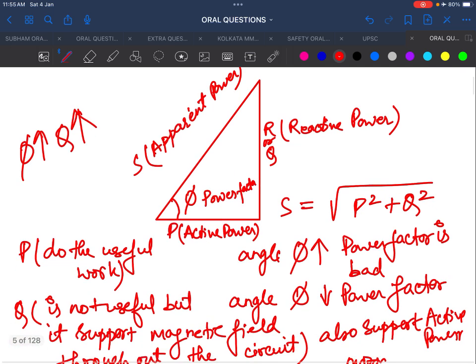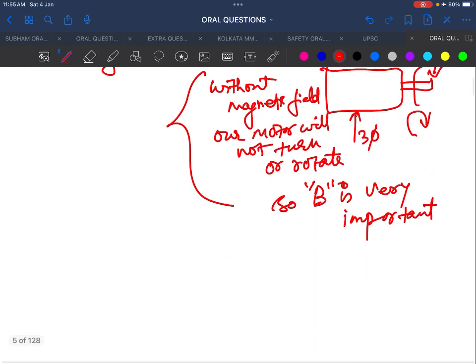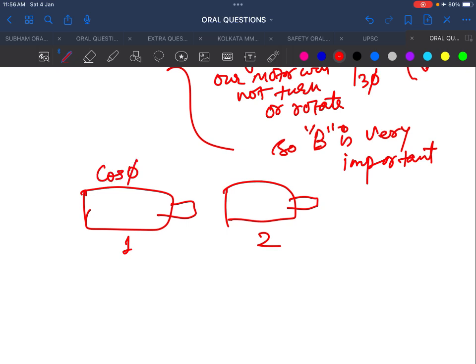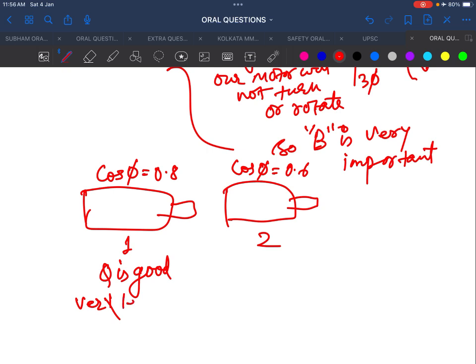Let's suppose there are two motors having the same capacity, motor 1 and motor 2, but the power factor, cos phi, is 0.8 for one and 0.6 for the other. Here Q is good for the first, it means it takes very little reactive power to support the active power.